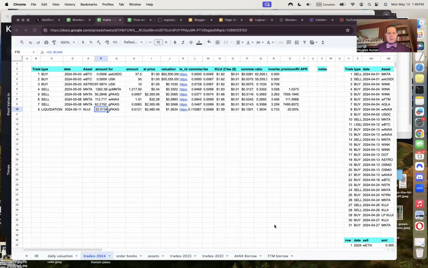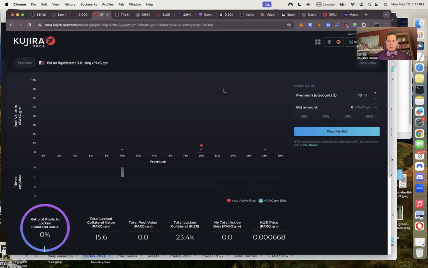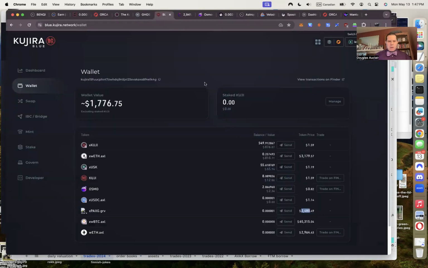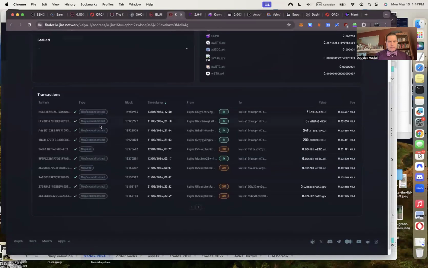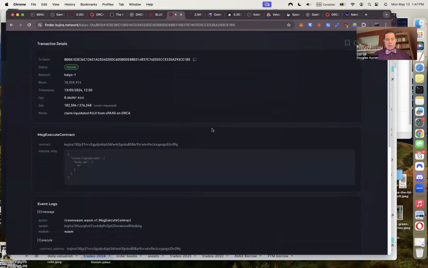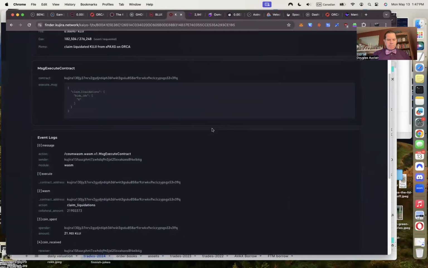Let's double check that very quickly. If we look at the transaction, the Finder isn't telling me what the transactions are doing, even though I put comments in each of my transactions. So that's a disadvantage for the Finder.